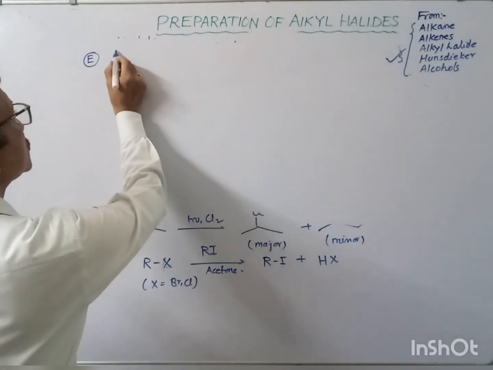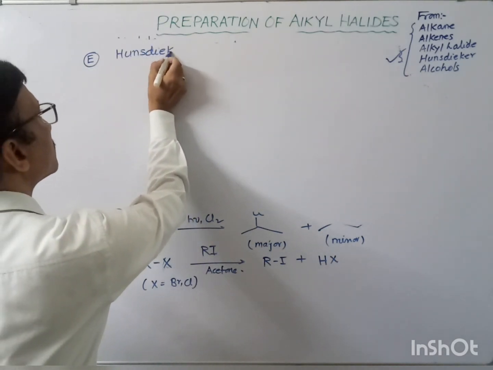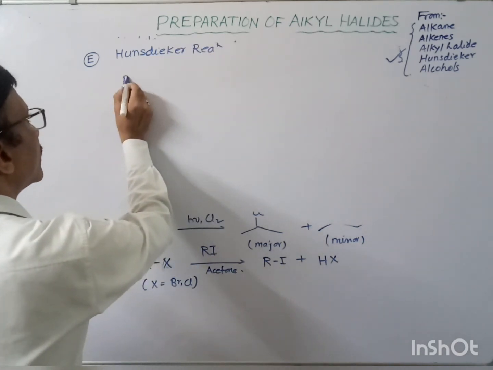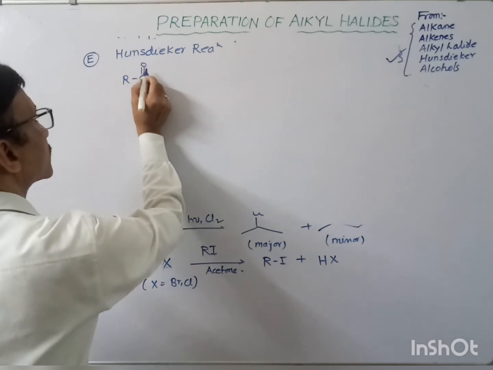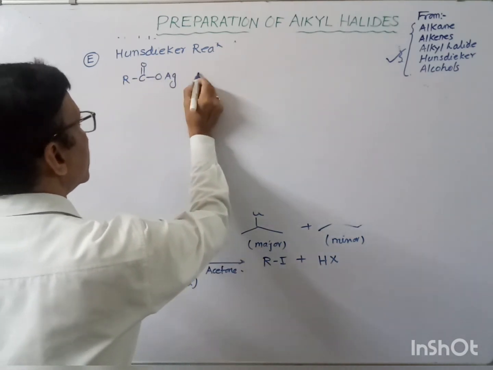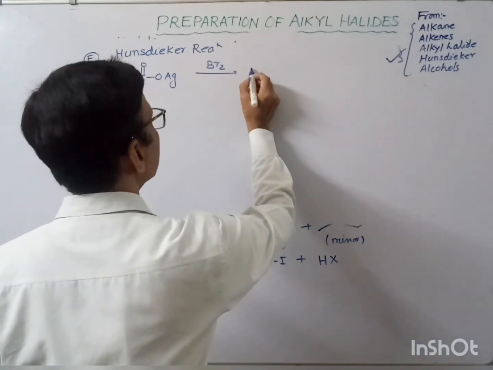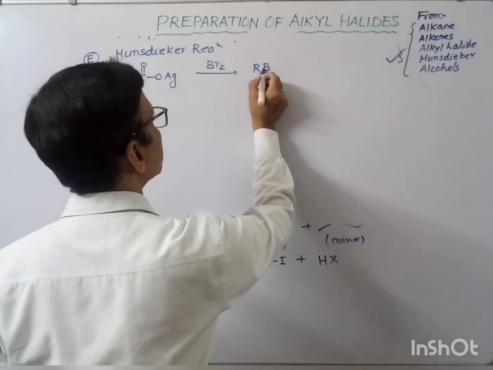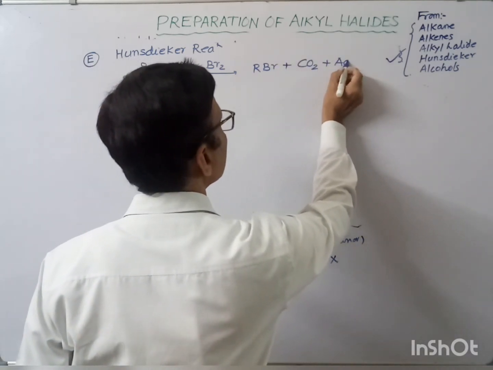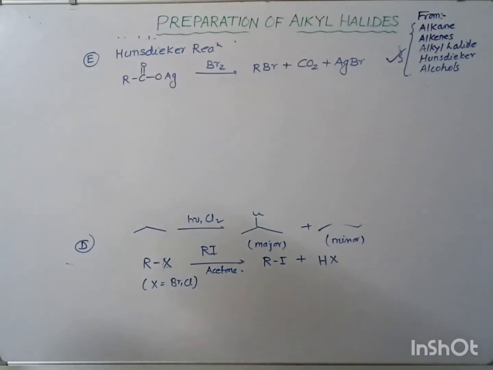Next, by this Hunsdieker reaction, if we have the silver salt of an acid in presence of bromine, that gives the alkyl bromide. This reaction takes place by the free radical mechanism.